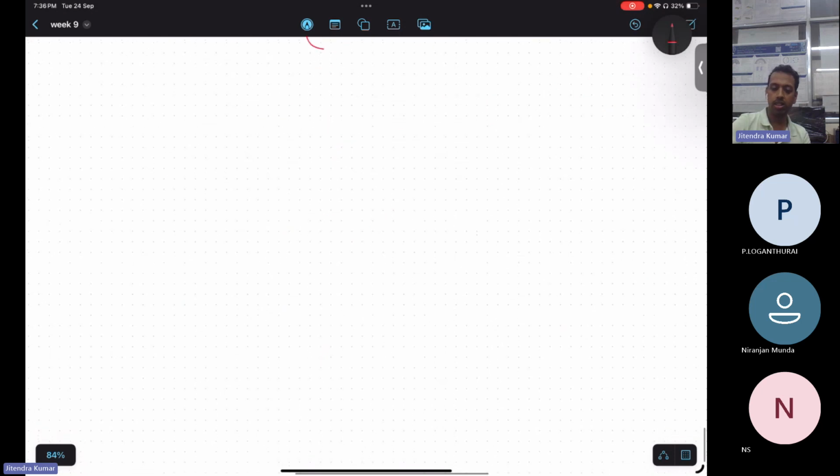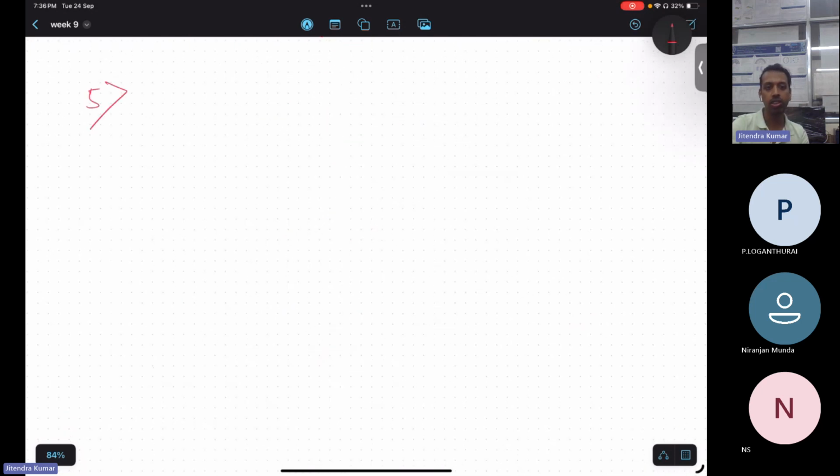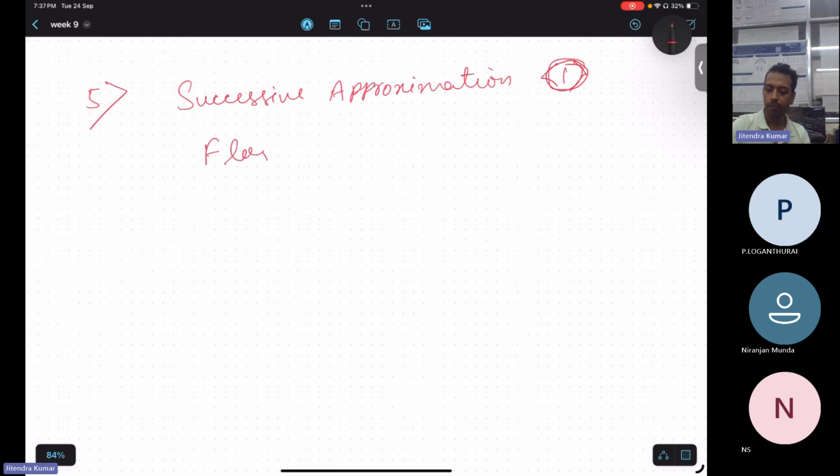Now, finally, we have to arrange fastest to slowest. We have been given three ADCs: successive approximation as one, flash as two, and the last one is the ramp ADC.